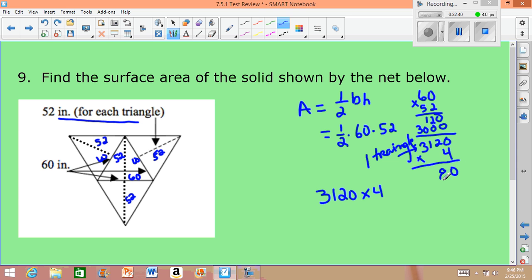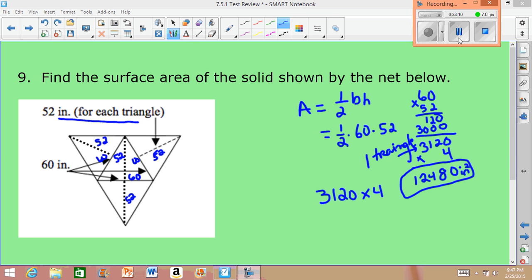That gives us 0, 8, 4, and 12, so our surface area would be 12,480 inches squared. That would be our total surface area for number 9.